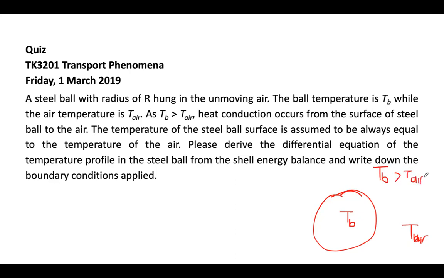If you have a hot ball, of course the heat transfer will occur from the surface of the ball to the air, right? So the key is first there's conduction. Because of the heat conduction, the temperature of the steel ball would become equal to the temperature of the air. So this one around here would be the T air.